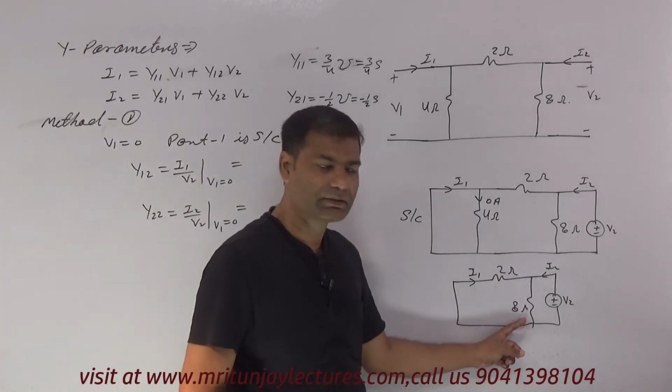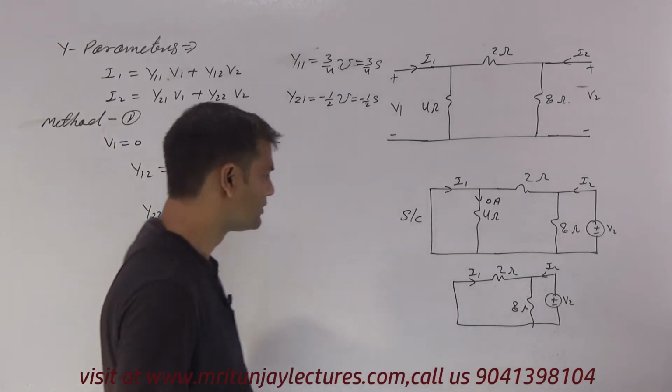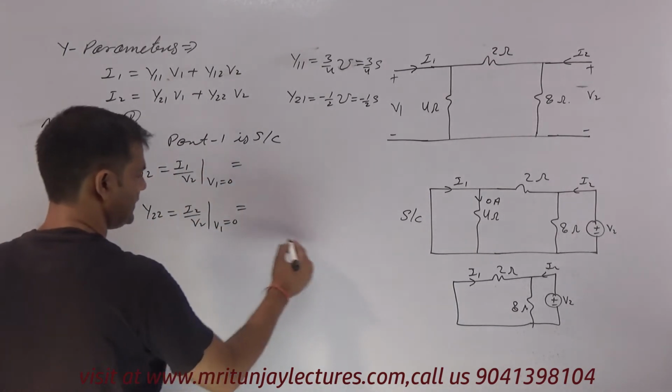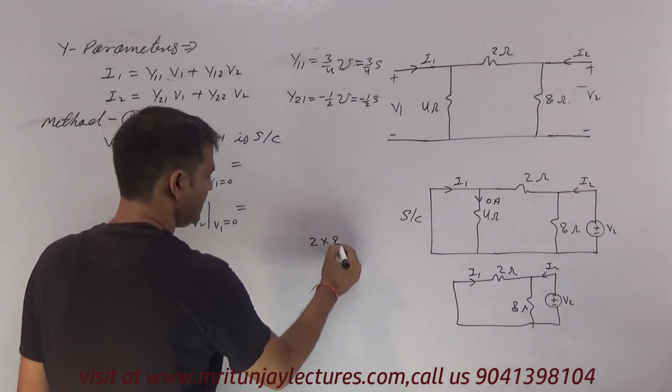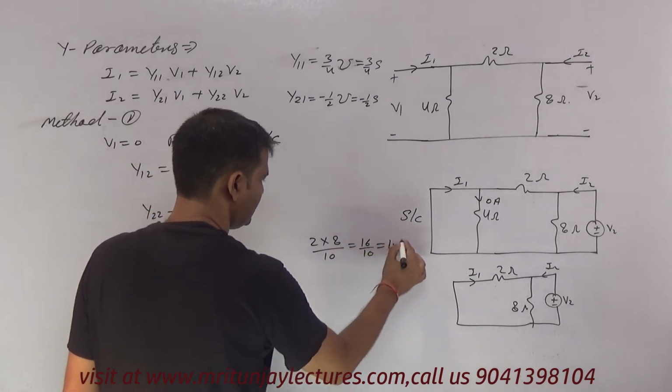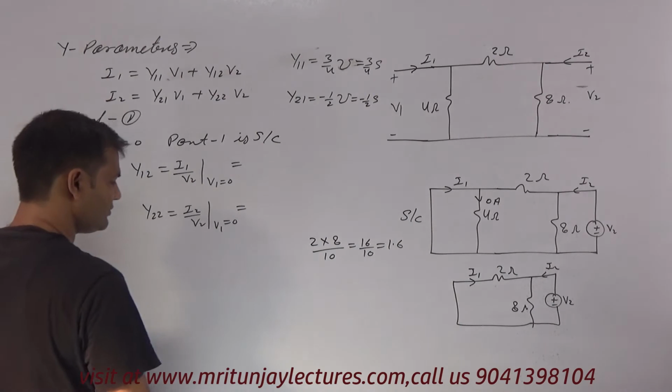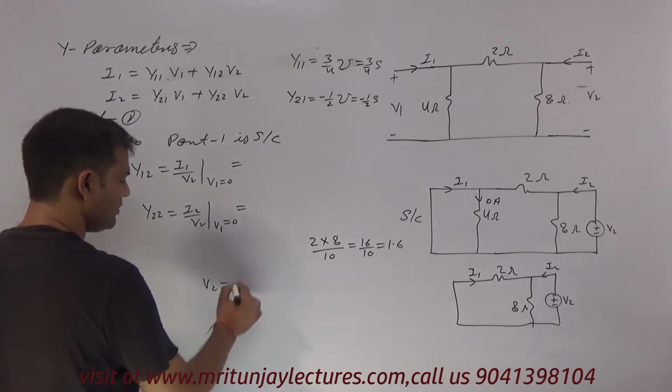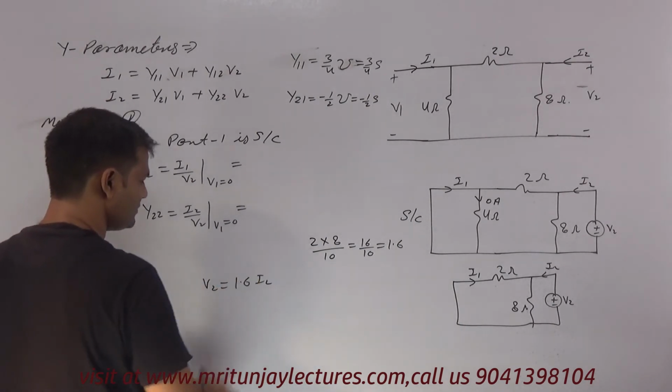Now 2 and 8 are both parallel, so that is 2 times 8 divided by 10, that is 16 divided by 10, that is 1.6. So V2 equals 1.6 into I2.